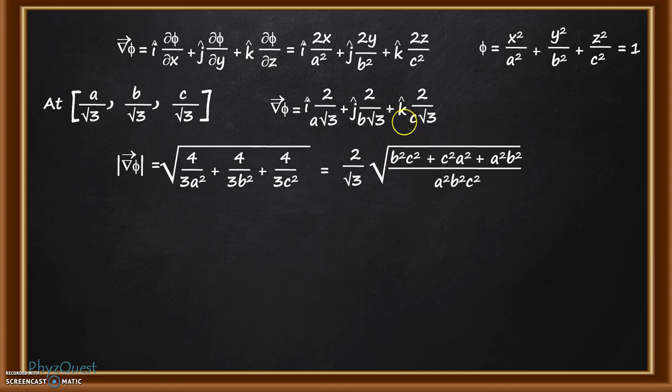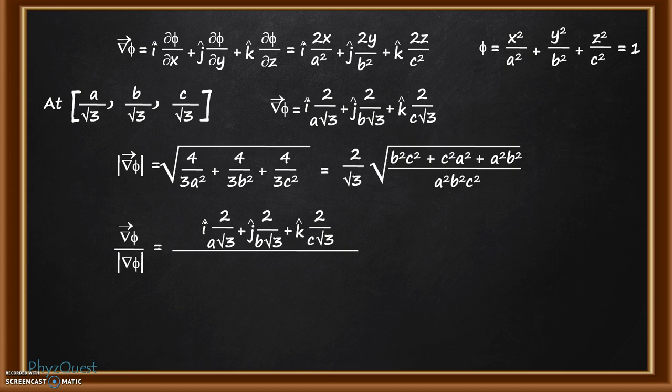After getting this, the unit normal vector is gradient of phi divided by the modulus, or the magnitude, of gradient of phi. This will be equal to this term divided by this term. So this is equal to i cap 2 by a root 3 plus j cap 2 by b root 3 plus k cap 2 by c root 3, whole divided by 2 by root 3 times the square root of b square c square plus c square a square plus a square b square, divided by a square b square c square.